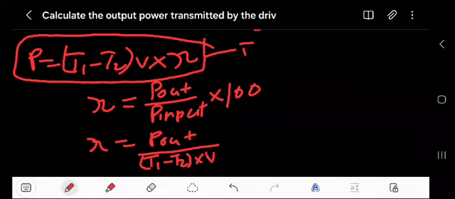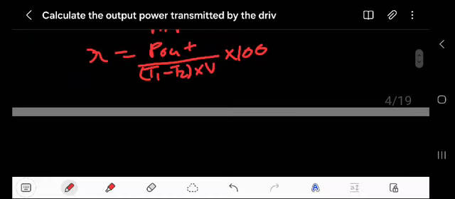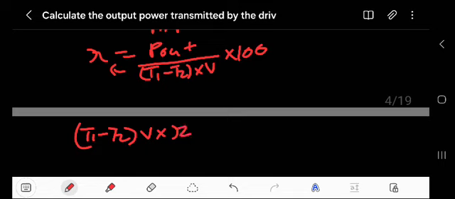We know the power. Here we have 100%. So I want to make output power the subject. I will multiply there, T1 minus T2 multiplied by V, multiplied by the efficiency.